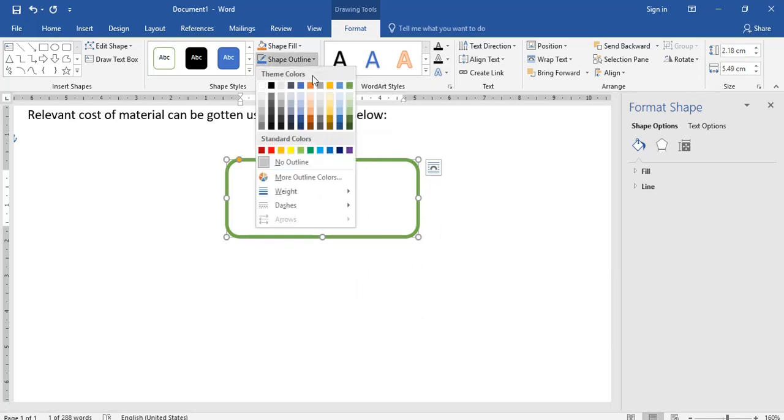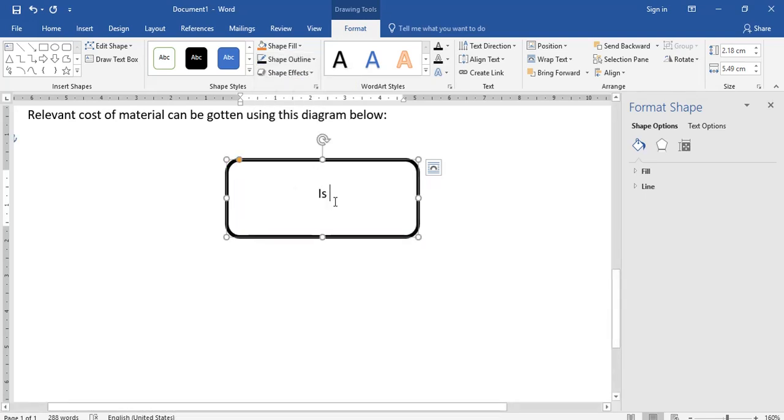Is the material available in stock? That's the first question.